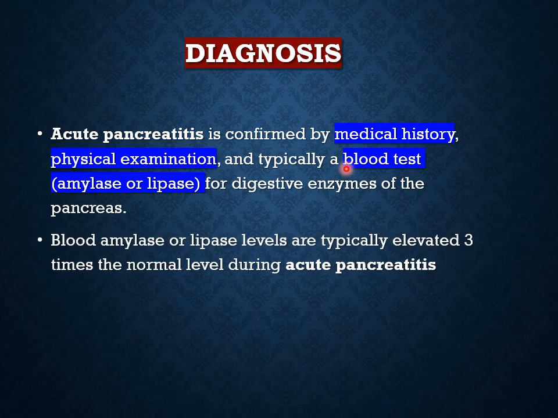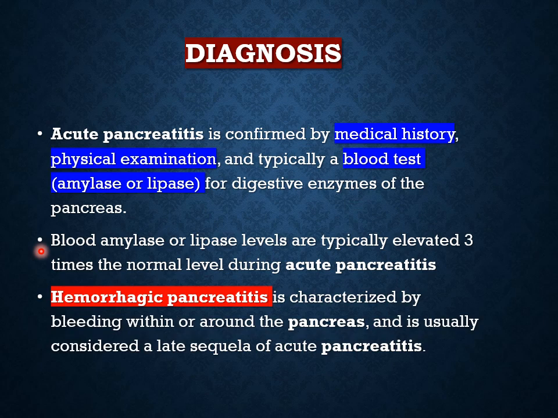Blood amylase or lipase levels are typically elevated 3 times the normal levels during acute pancreatitis. So in order to say with certainty it's acute pancreatitis, serum amylase or lipase should be 3 times its normal values.